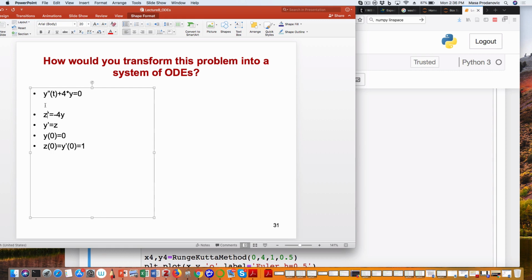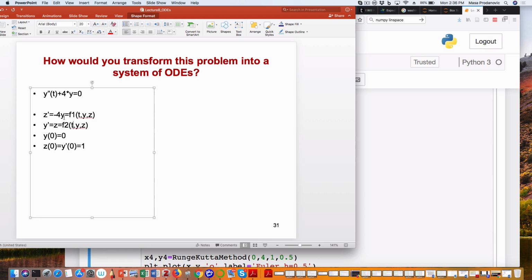In this case, a very simple function. The function f1 is minus 4y. So this is what I call f1 of t, y, z. This is my function f2 of t, y, z.